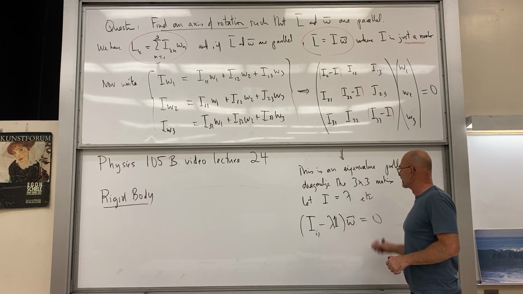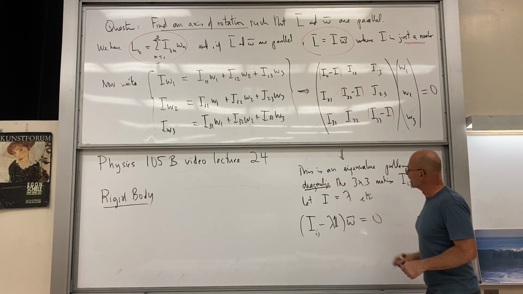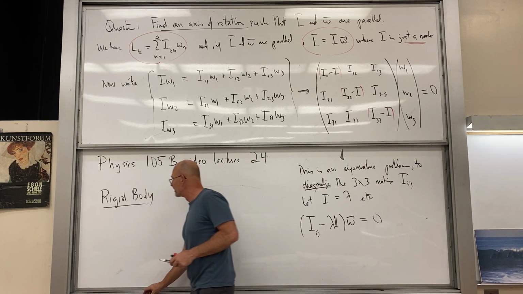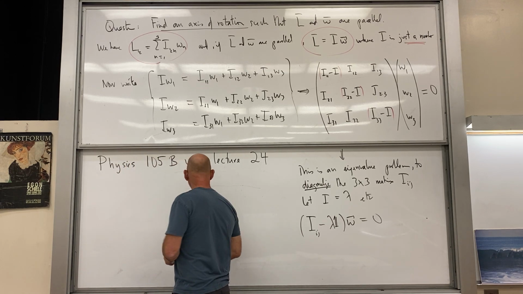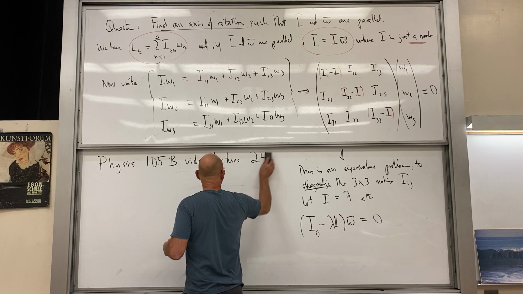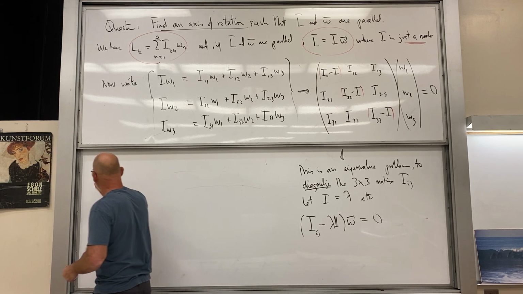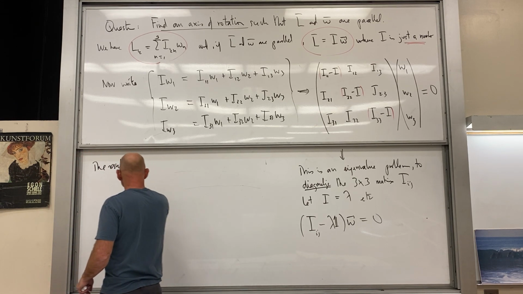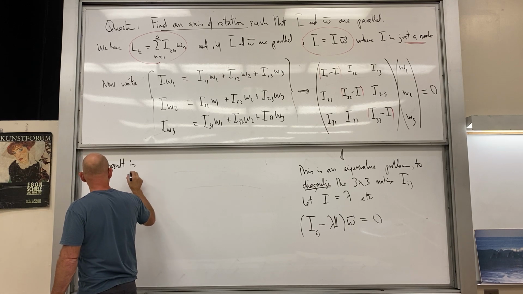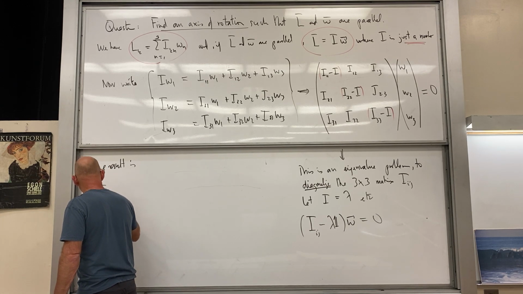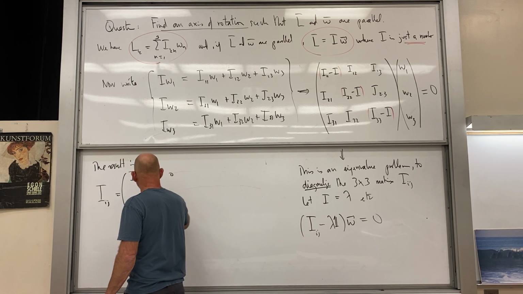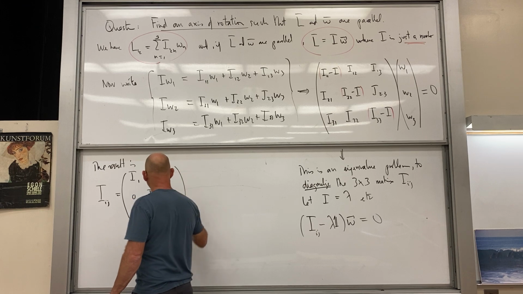So we're diagonalizing a 3 by 3 matrix, and the result is we now have I sub 1, 0, 0, 0, I sub 2, 0, 0, 0, I sub 3.